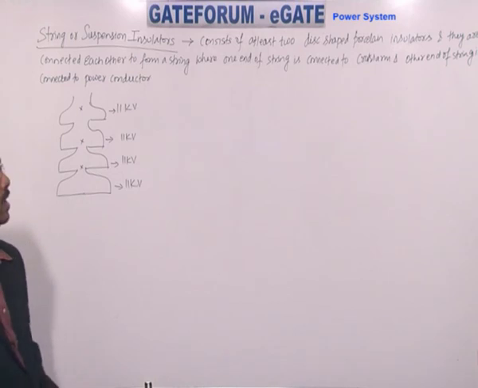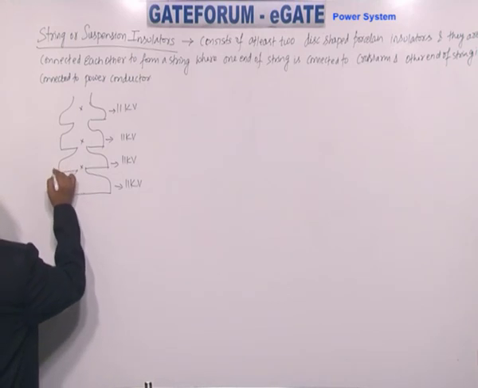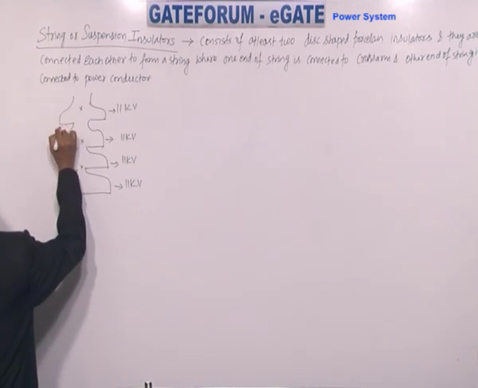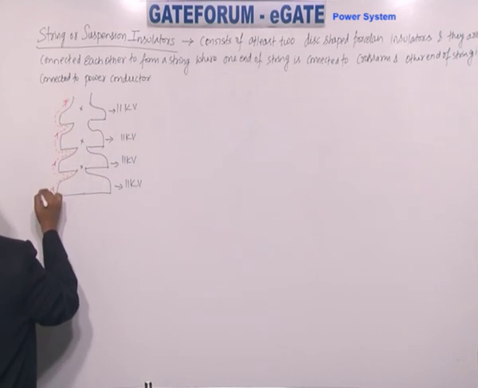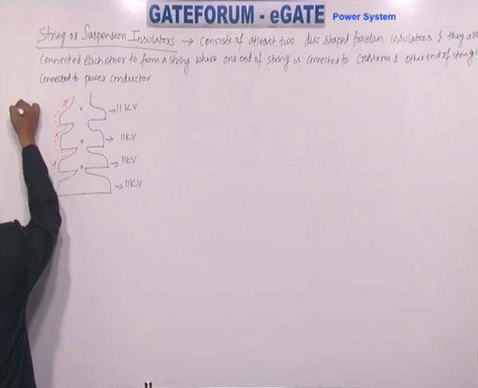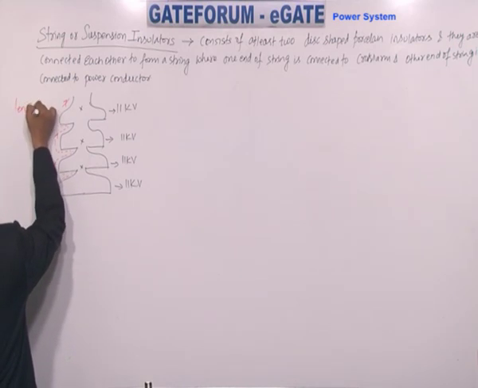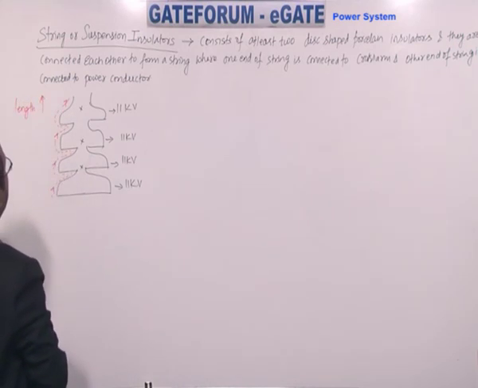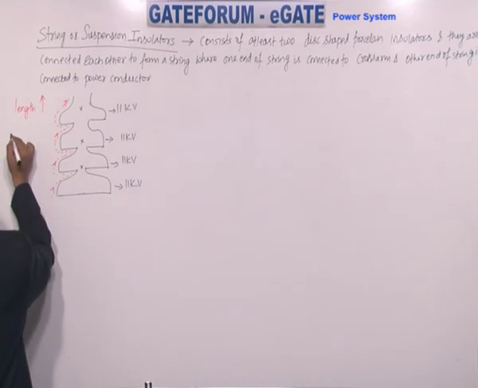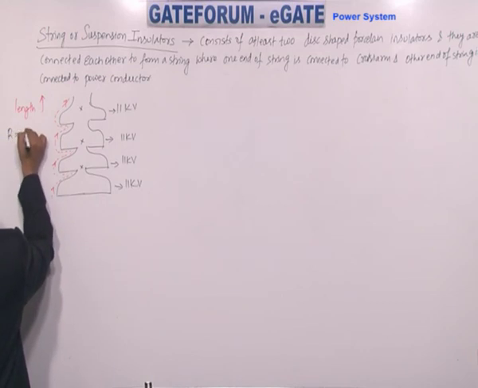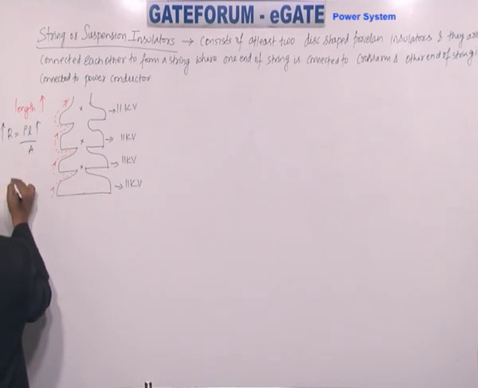Now why is this particular shape given to the insulators? You can observe that you are increasing the length for the flow of leakage current. As length increases, what about the resistance? It is rho L by A. As L increases, R increases.